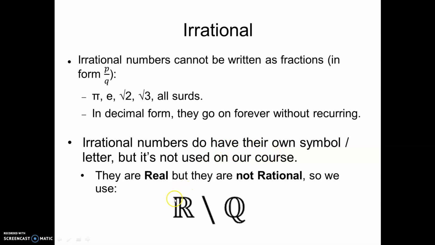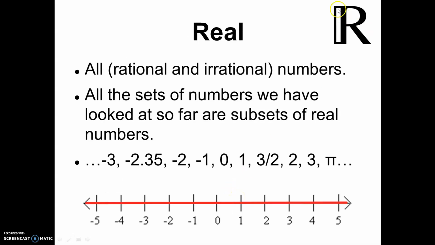So the symbol we use is just real, not rational. So ℝ is real numbers. This symbol here means not, and Q is rational numbers. So real, not rational. That's the irrational numbers. I think I forgot to mention that in the last slide. So the symbol for real numbers is ℝ, and you do just a double line on the vertical there. All right.